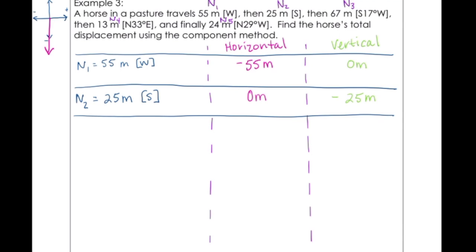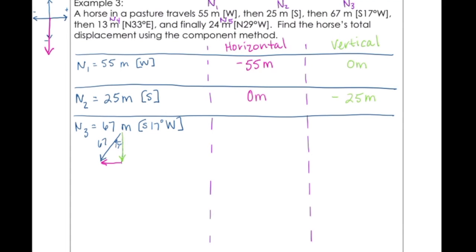All right, this next one, N3, is 67 meters south, 17 degrees west. So we're going to have to break this up into its components. If we have our south and we're going west 17 degrees there, then we have our vertical and our horizontal aspects.